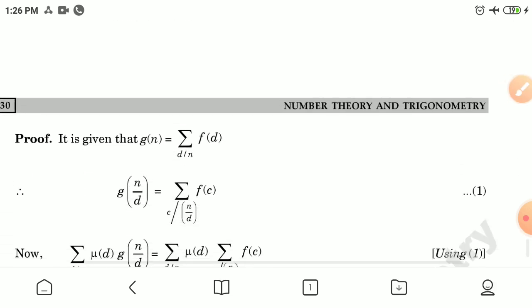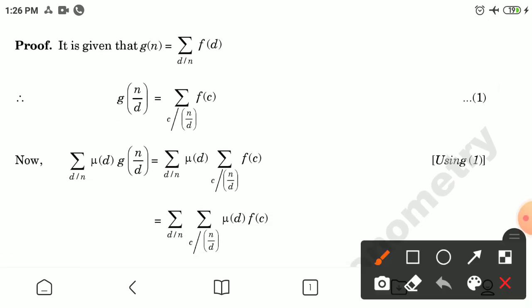Proof is, it is given that g(n) is equal to summation of f(d), d divides n. Therefore, the value of g(n/d) can be written as summation of f(c) when c divides n/d, marking this as number 1.